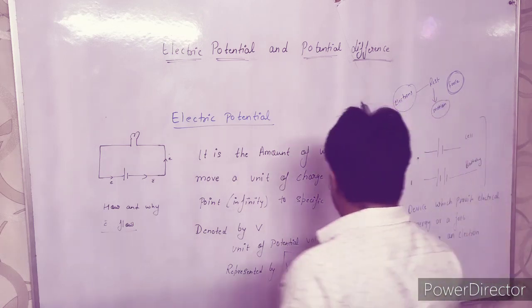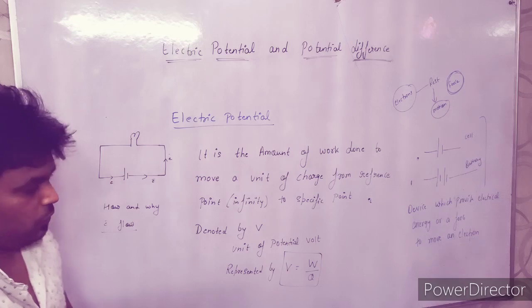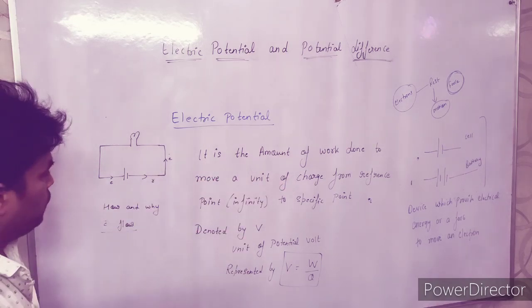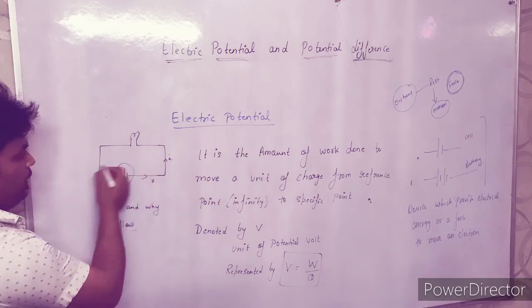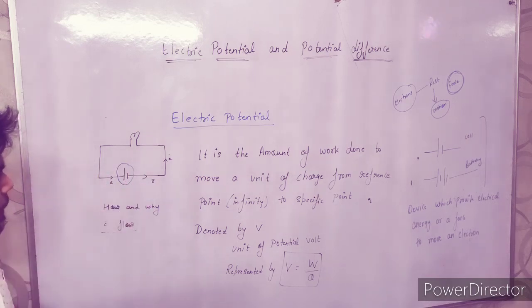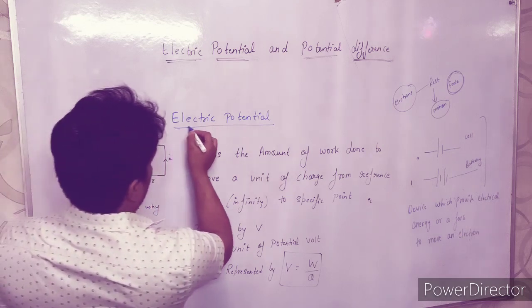So electrons move due to a force that is produced by a cell or battery. When we connect a cell or battery to a circuit, it gets some energy from the battery or cell. So now we understand what electrical potential is.